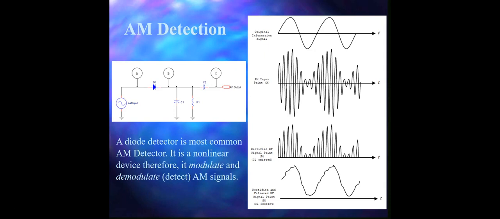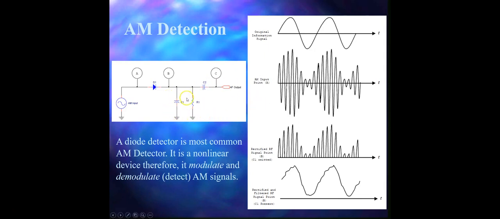Now, what we desire is to recover the information frequency and discard the AM carrier signal, so that the main message can be received over here. This job can be performed by a low pass filter using C1 and R1. Now you might think why we are using a low pass filter.